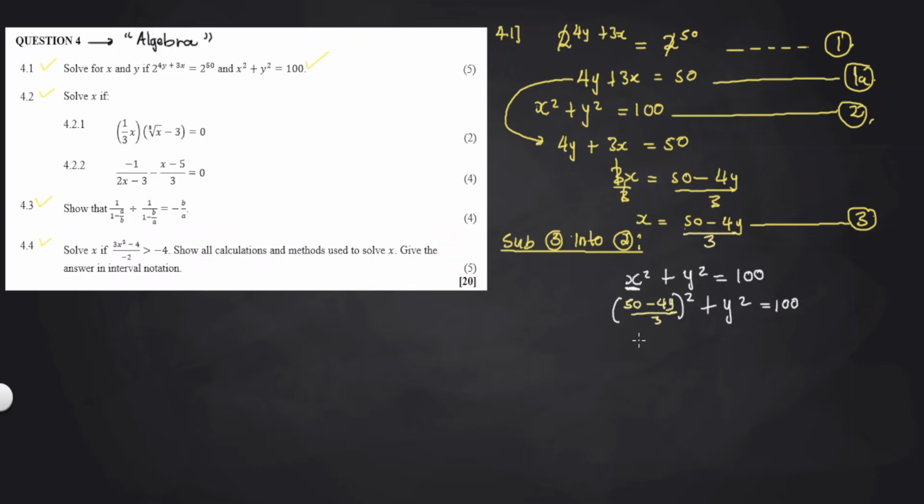We simplify: 50 minus 4y close bracket squared divided by 9. The square is raised to the numerator and then again to the denominator. Then plus y squared equal to 100. Multiply everything by 9, since 9 is the LCD in this case. So we have 50 minus 4y squared plus 9y squared equal to 900.